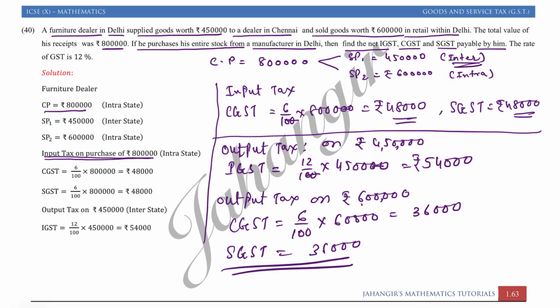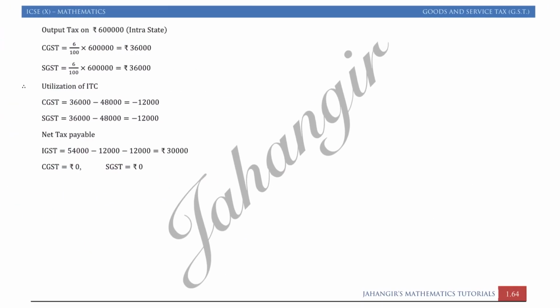Now we will find the utilization of tax, how taxes are utilized. So let me write it down. For input, we will write IGST, CGST, SGST. Okay, I will just explain.